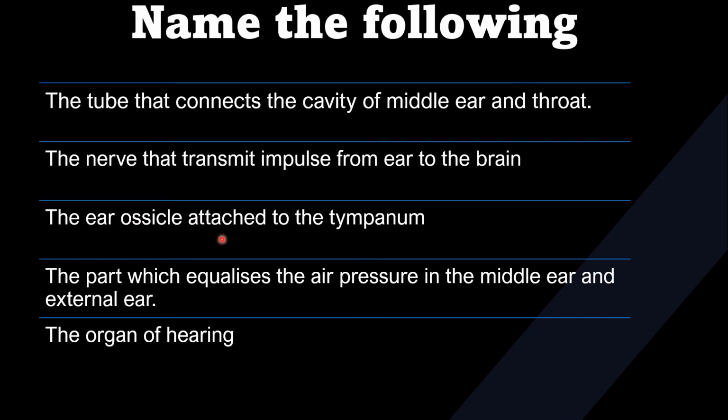The ear ossicle attached to the tympanum. Which ear ossicle? Malleus. The part which equalizes the air pressure in the middle ear and the external ear, that is also the eustachian tube. The organ of hearing, organ of Corti.